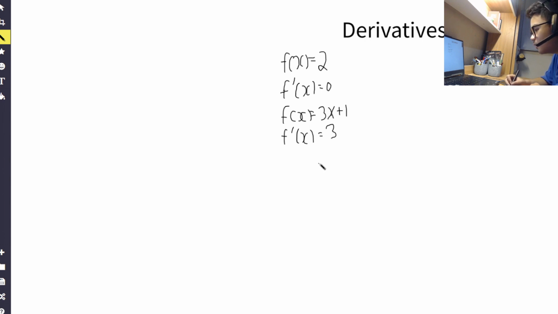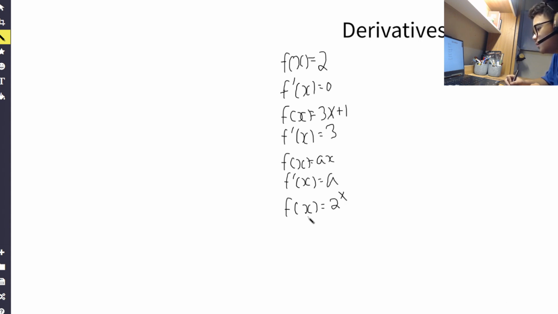So f of x equals ax, where a is a constant, then f prime of x will be a. That's simple. Okay, let's do, for example, f of x is equal to 2 to the x.